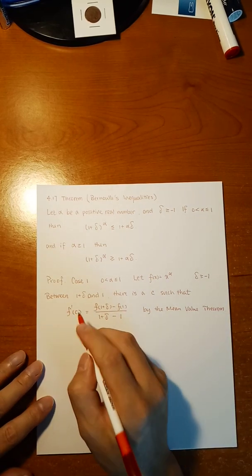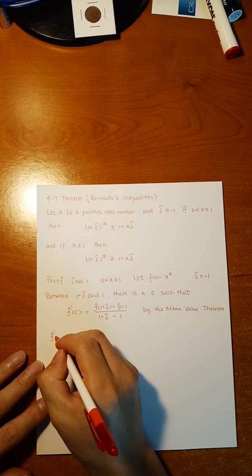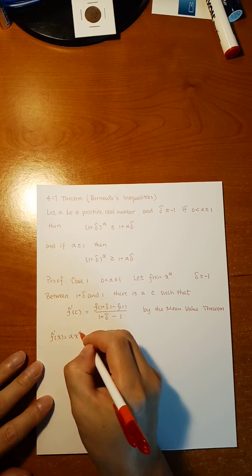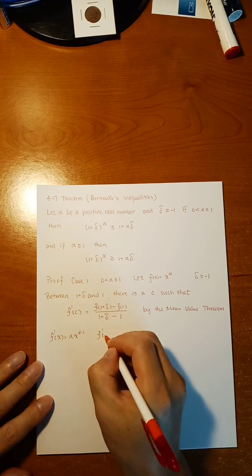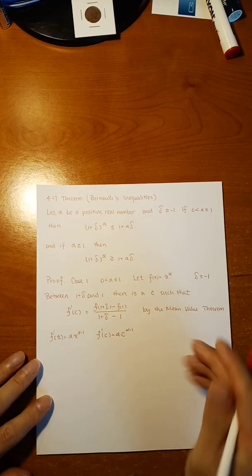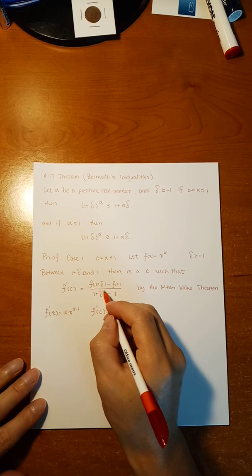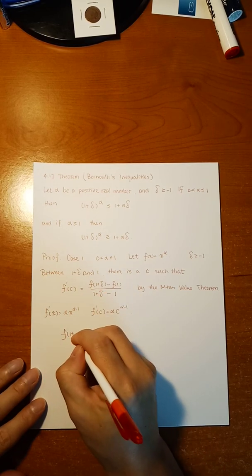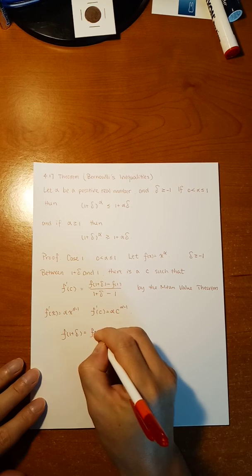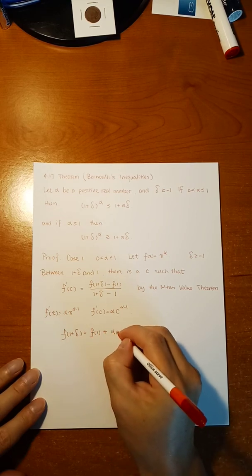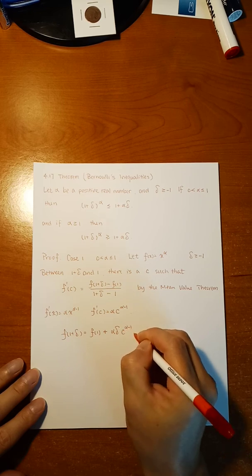So what is f prime of c? f prime of x is alpha x to alpha minus 1. So f prime of c is alpha c to alpha minus 1. Right? So what we get is f of 1 plus delta minus f of 1 equals alpha delta c to alpha minus 1.